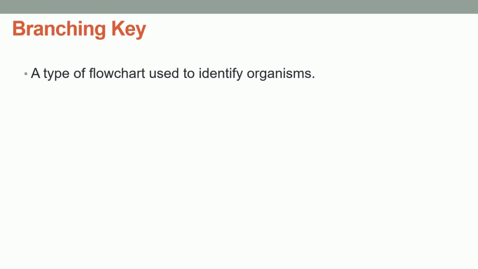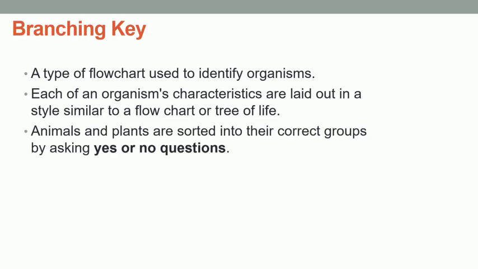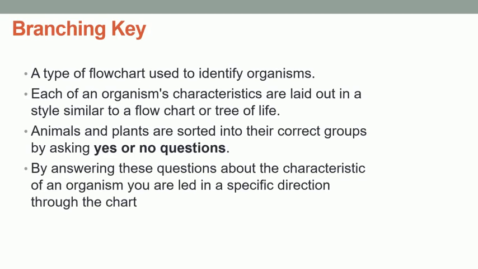In this branching or tree type of a layout, each of the organism's characteristics are laid out in a similar fashion in the form of a flowchart, and the animals or plants which we want to identify are sorted into different groups based on yes or no type of questions. By answering these questions, whether that particular characteristic is present or absent, it can easily lead to the identification of the particular organism.